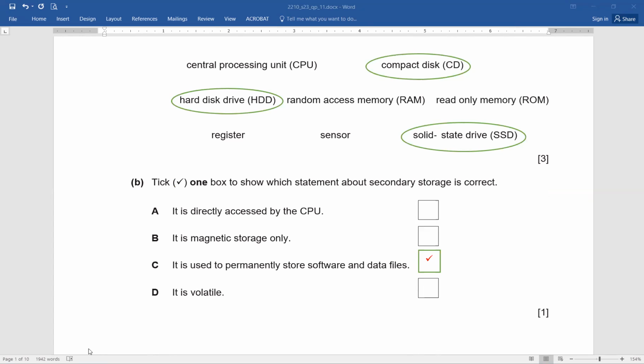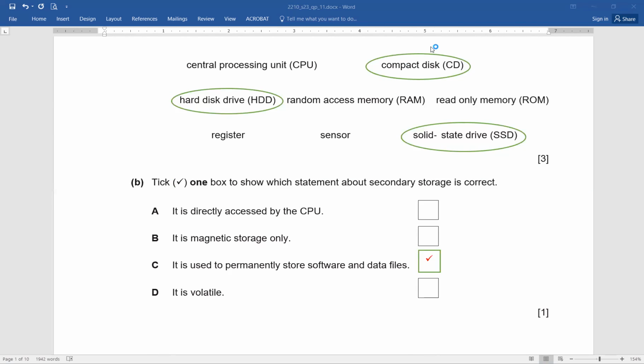Tick one box to show which statement about secondary storage is correct. It is directly accessed by the CPU. Is it correct? No, not at all. That's wonderful. I mean, immediately you can recall directly accessible by the CPU is always the primary storage. It is magnetic storage only. Now, since the word only is there, definitely this is out of question.